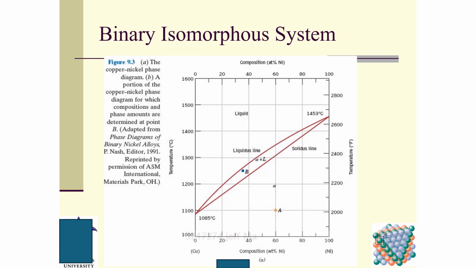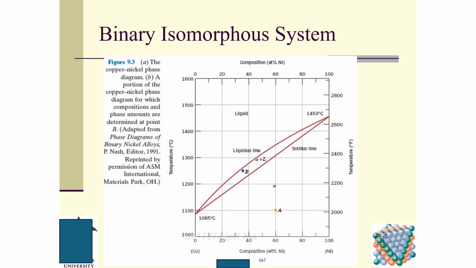In the previous class, actually two class sessions, we talked about the binary isomorphous system. And binary isomorphous system means that we have two components. For our case, it is copper and nickel to get the brass.